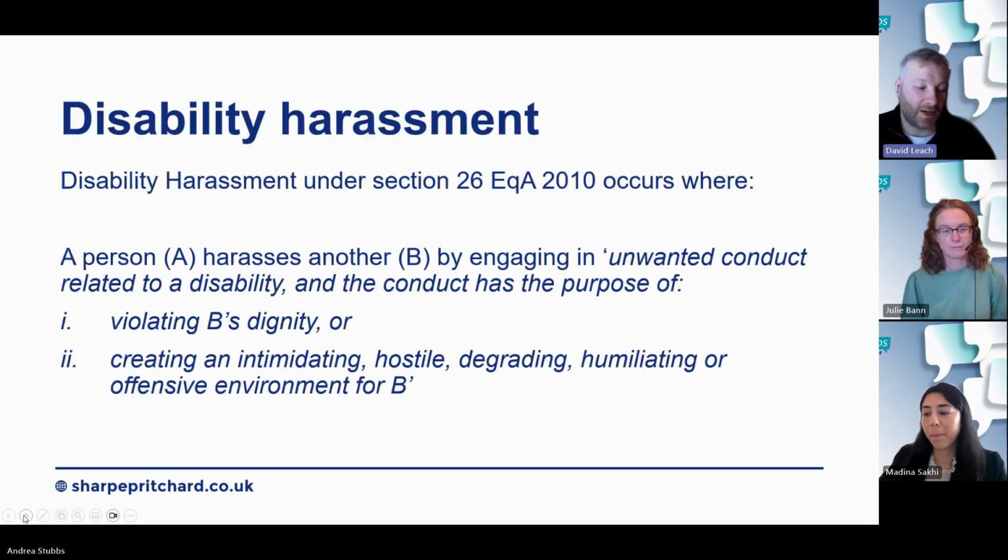So just very quickly covering disability harassment. Harassment is a slightly interesting concept, and I think this is what we were talking about earlier, where people get it wrong. Certainly employees get it wrong, because there's the employment law definition of harassment, which is on the screen, and then there's the criminal definition of harassment in relation to a course of unwanted conduct.